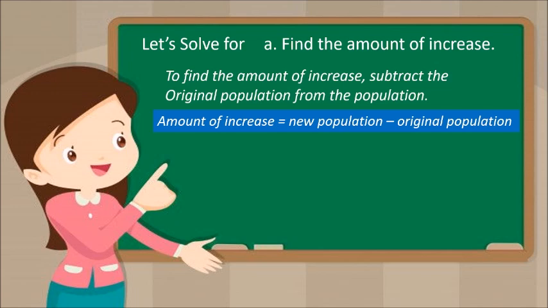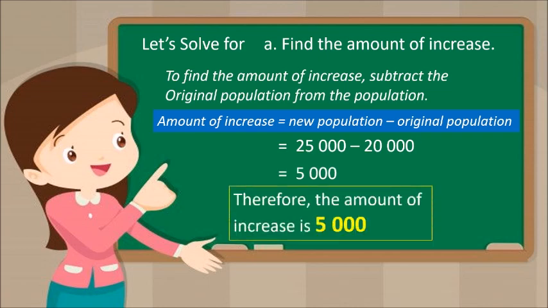So, the amount of increase is equal to the new population minus the original population. We have the new population, which is 25,000, less the original population, which is 20,000. So, we have 5,000. Therefore, the amount of increase is 5,000.